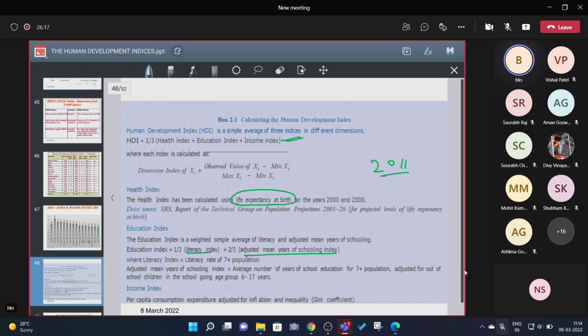And the income index was calculated using per capita consumption expenditure adjusted for inflation as well as inequality. The procedure is the same as I had said earlier.